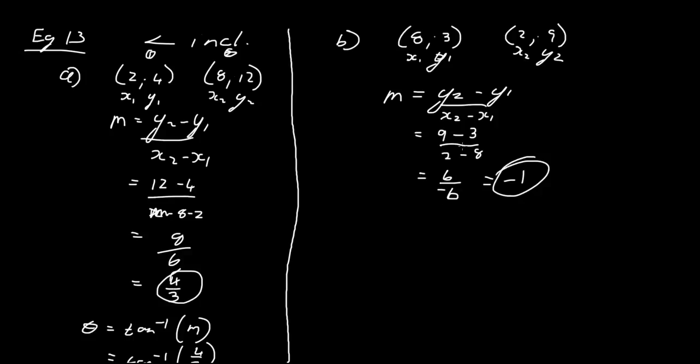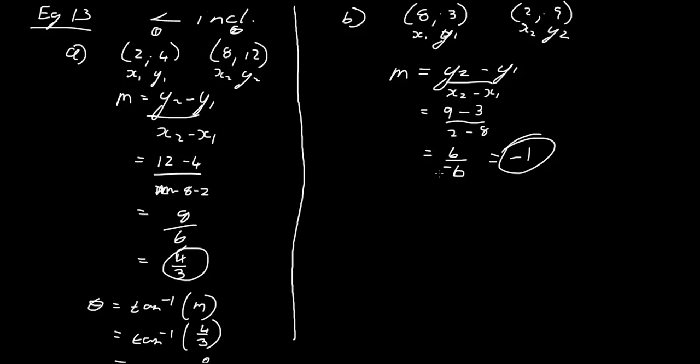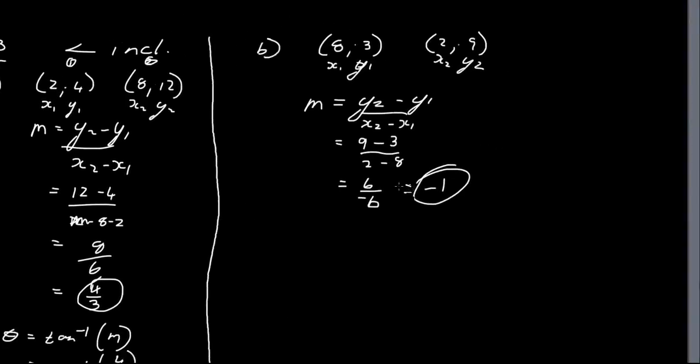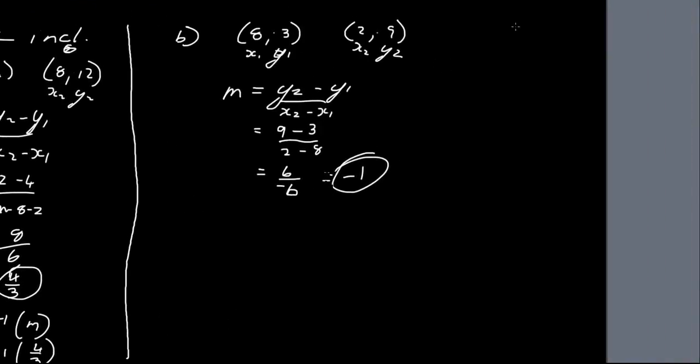Now what happens with a positive and a negative gradient, I'm going to show you here. Here's a line with a positive gradient. Here's a line with a negative gradient. The angle of inclination is always measured from the x-axis to the line, counterclockwise.